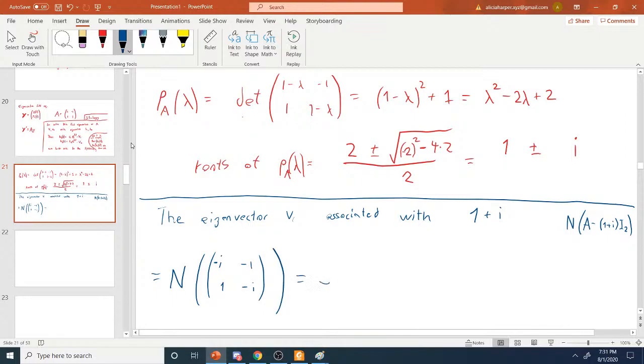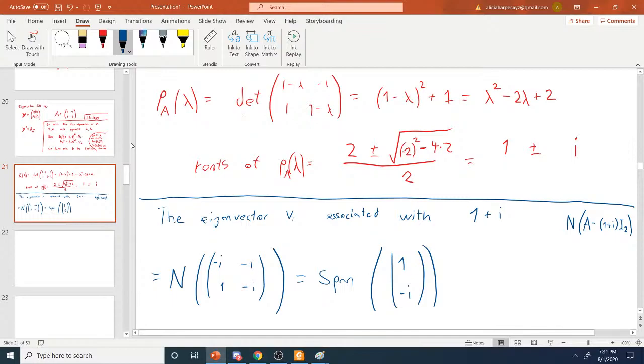And this null space is easily seen using the little trick of basically taking the row here and flipping the components and making one of them negative, to be the span of the vector 1, negative i. So let me just double check myself to make sure. Does this work?